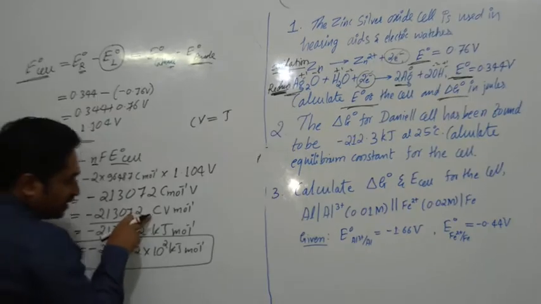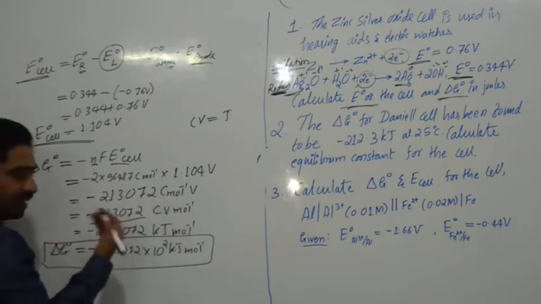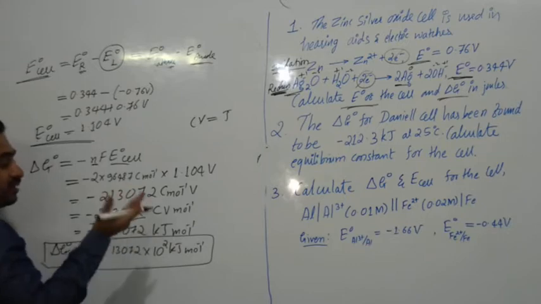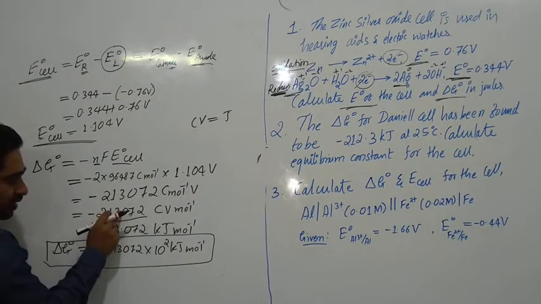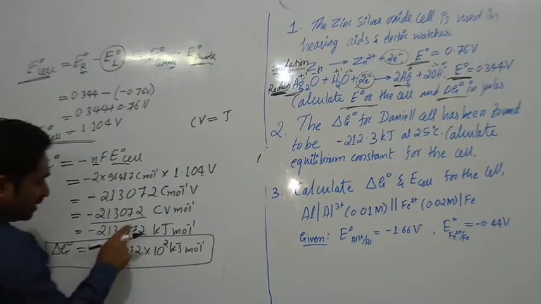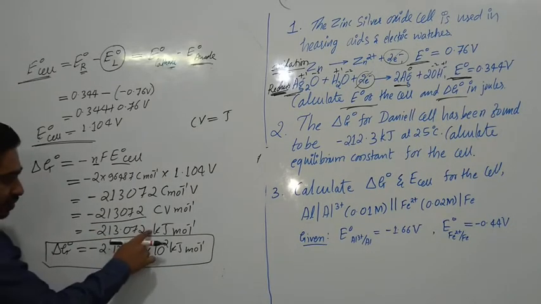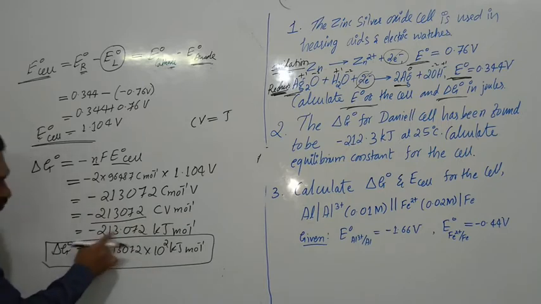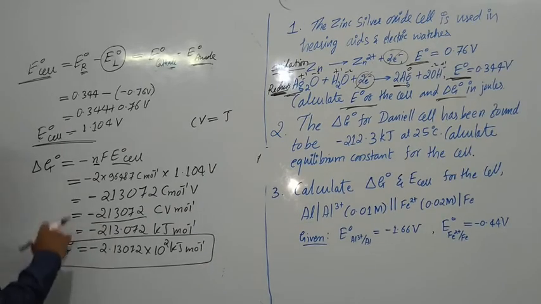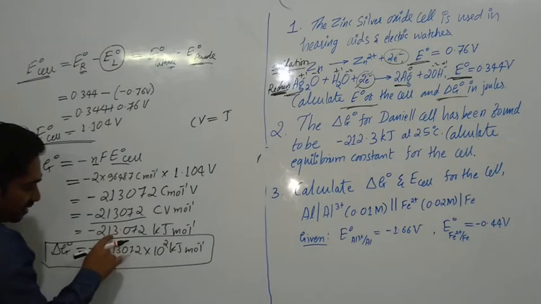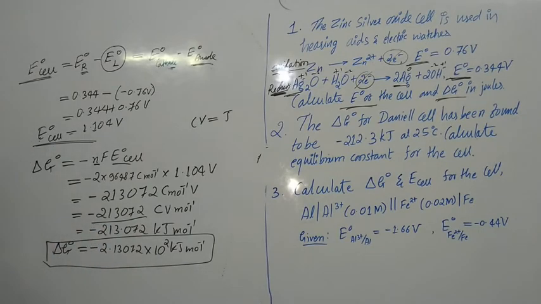If I count numbers on my left side, the power of 10 increases: 10 to the power 1, 10 to the power 2, 10 to the power 3. Up to here 3. 3 means what? Kilo. So I will write minus 213.072 kilojoules per mole. Kilo means 10 to the power 3. And I can also simplify this further. If the decimal point moves two more digits, then 10 to the power plus 1, 10 to the power plus 2, so 10 to the power 2 kilojoules per mole. So this is my answer.